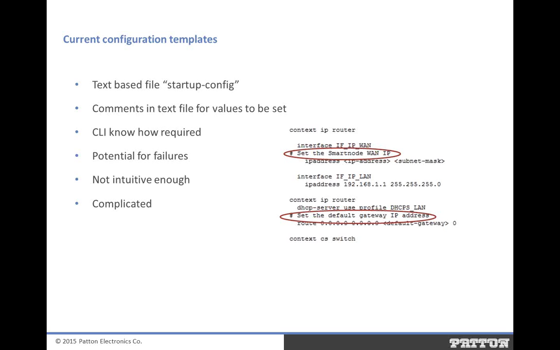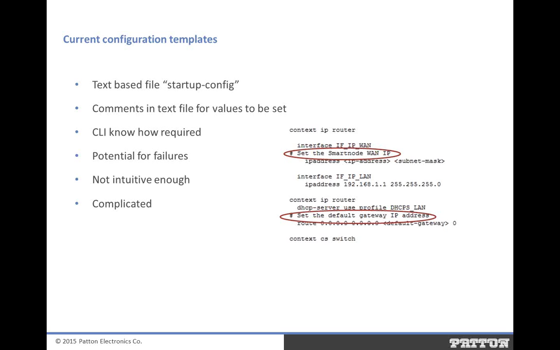On the other hand, as you may already have experienced, this way of setting up a device provides quite a high potential for failures, or it's not really intuitive, which overall makes it complicated to do a configuration.